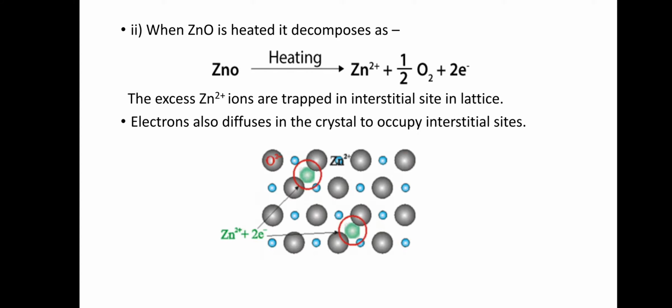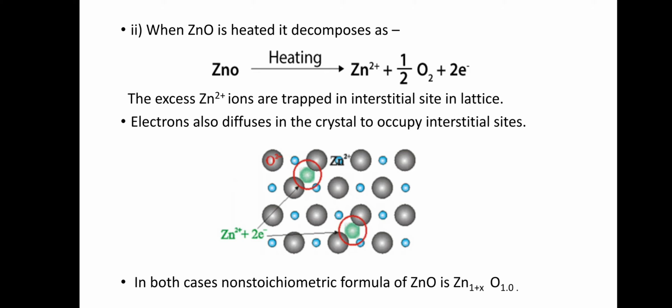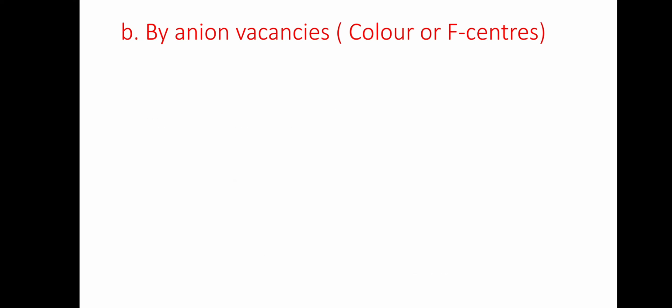Hence, in the diagram, Zn2+ occupies the interstitial site and even the 2 electrons occupy the interstitial sites. So in both cases, the non-stoichiometric formula of zinc oxide is Zn(1+x)O.